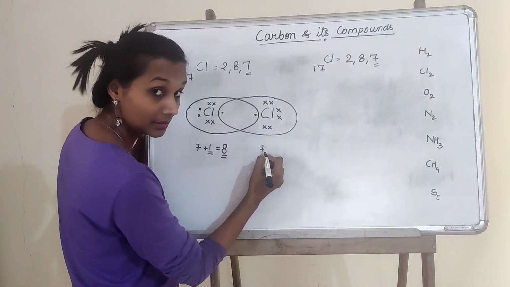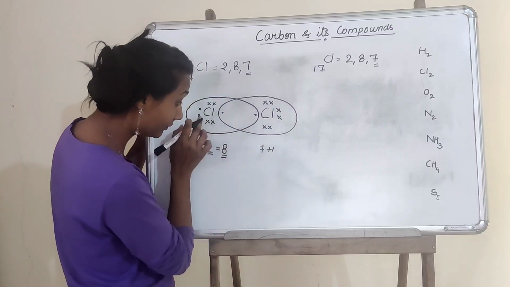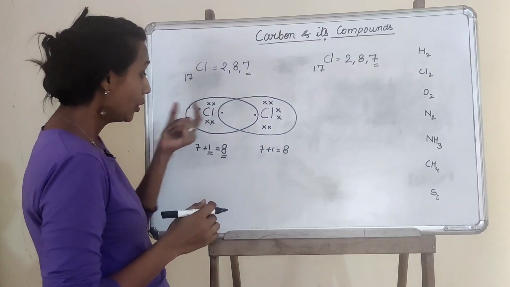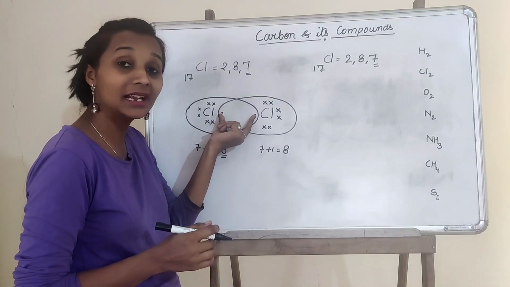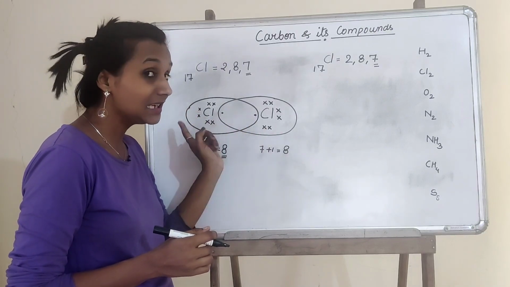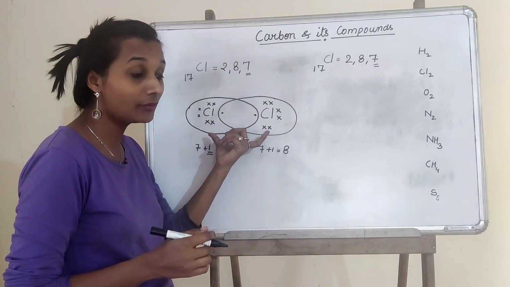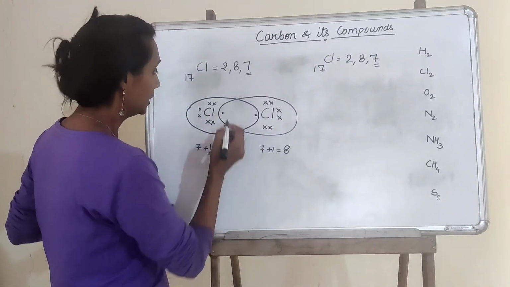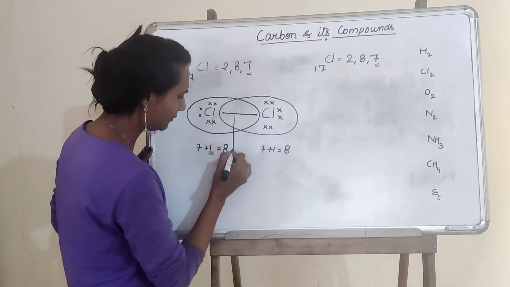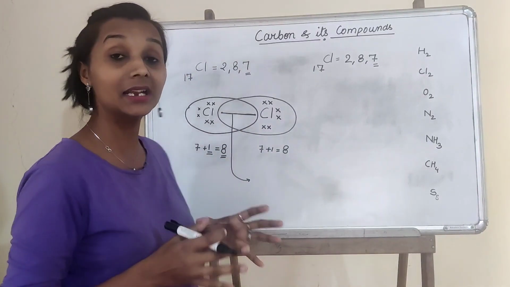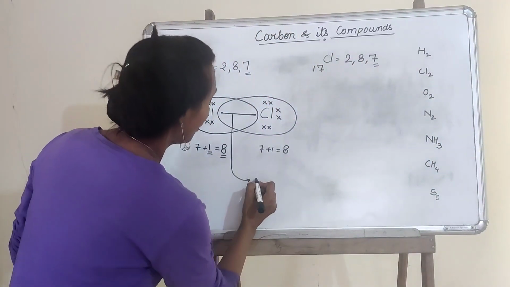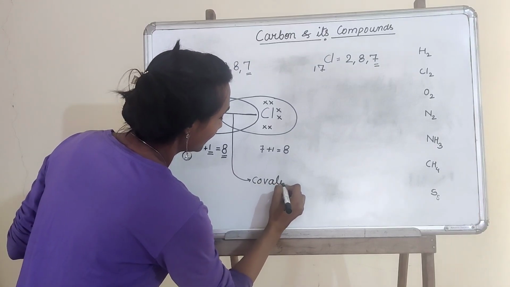Earlier it was 7, plus 1 it becomes 8. So by equal sharing of electrons, can you see there is a formation of a chlorine molecule. So there is a formation of a bond, and whenever there is an equal sharing of electrons between two atoms, it will always form a covalent bond.